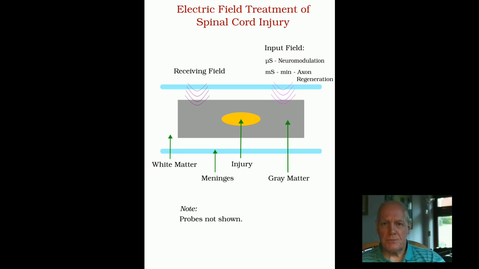Two problems emerged. The first problem was that the location of these probes meant that in order to get a sufficiently large electric field into the spinal cord injury, they had to use quite large currents. The second problem that arose was to do with the probes themselves.